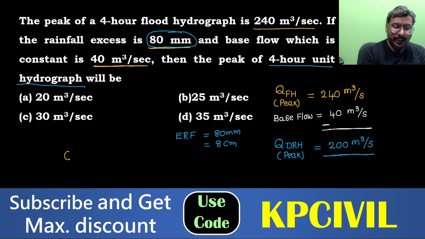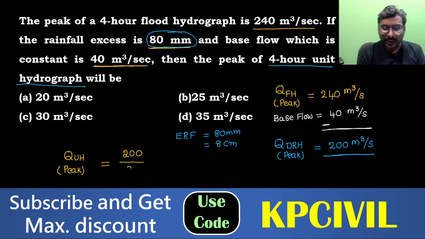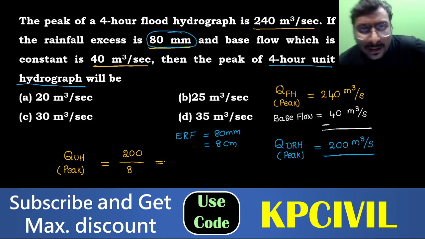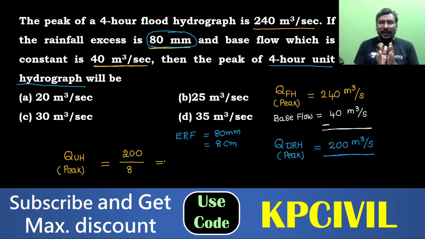So what is the peak of unit hydrograph? Peak of unit hydrograph is equal to peak of direct runoff hydrograph 200 divided by 8. Peak of unit hydrograph is equal to peak of direct runoff hydrograph divided by effective rainfall depth, 200 by 8.